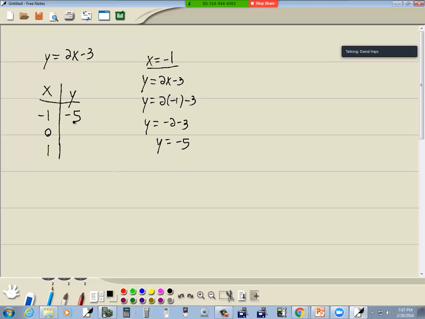Now this is going to be our point, our ordered pair, -1, -5. And then we'll plug in our second x value, 0. And we'll plug that into our original problem. So we're going to have y is equal to 2 times 0 minus 3. 2 times 0 is 0, and that gives us y is equal to -3.